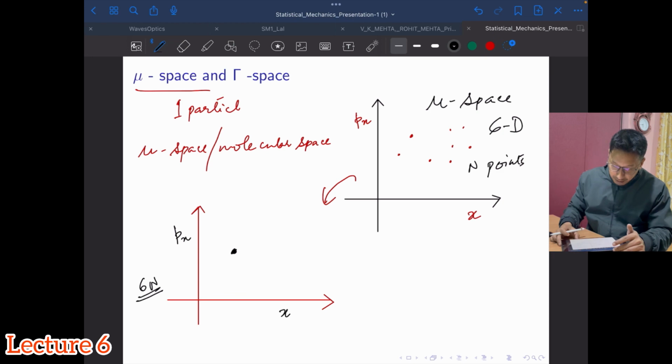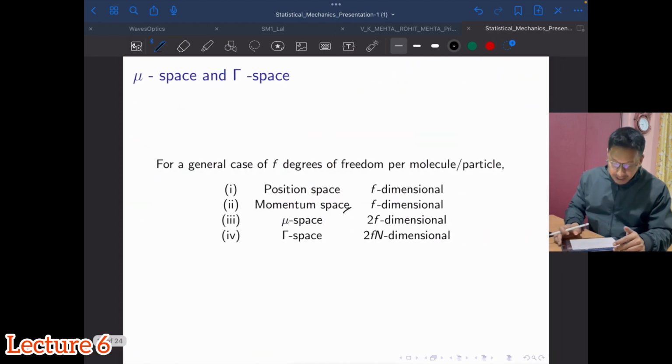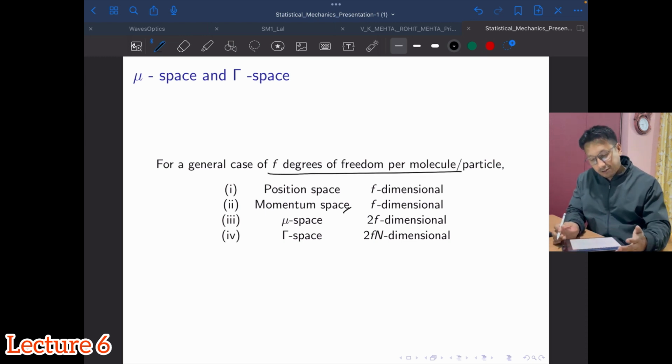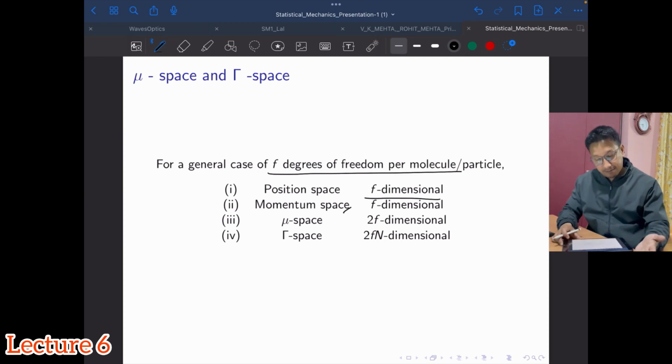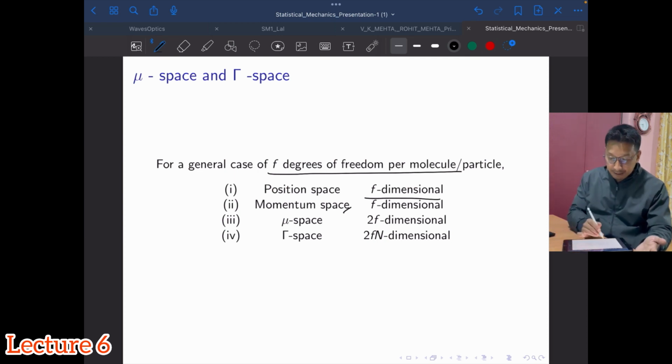Now let's try to summarize what we have learned. For a system with f degrees of freedom per particle, if there are n particles, the system will have nf degrees of freedom. For a single particle, we have an f-dimensional position space, meaning f degrees of freedom.